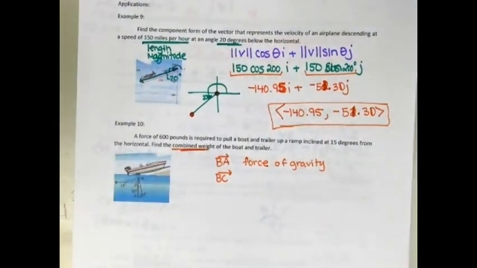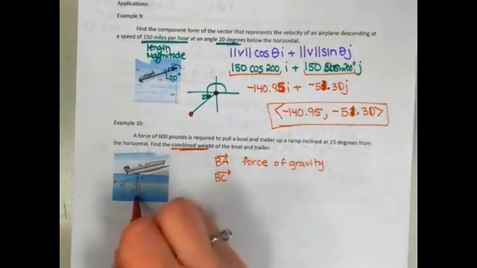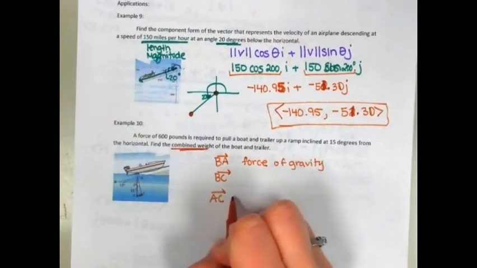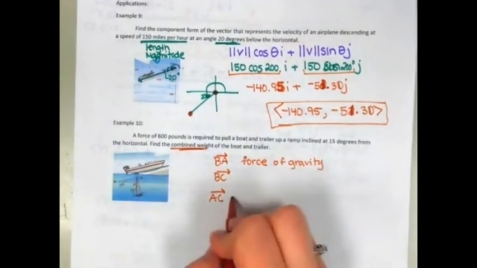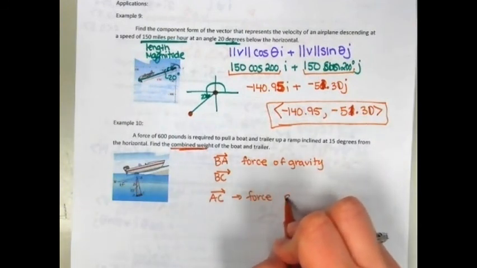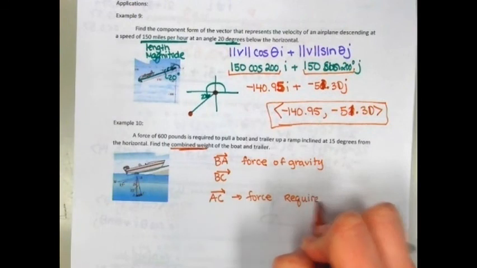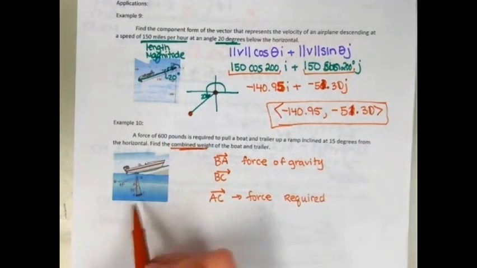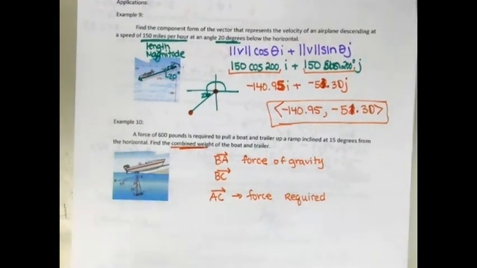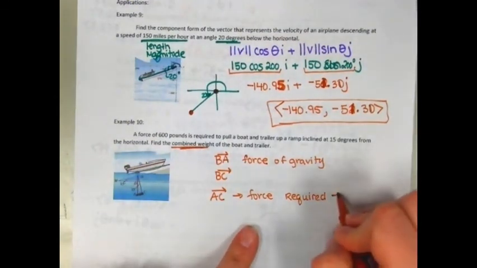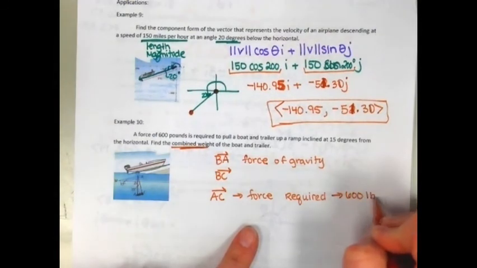But now, if I look at all the way from A to C, wouldn't that be my force required to get that boat up the ramp? So if we're moving from A to C, isn't that pushing the boat up that ramp? And that's the force required, that 600 pounds, right?